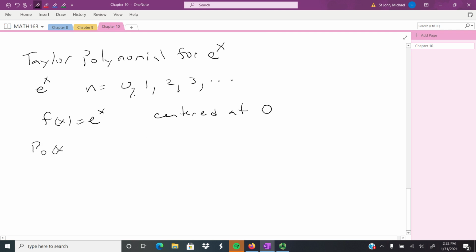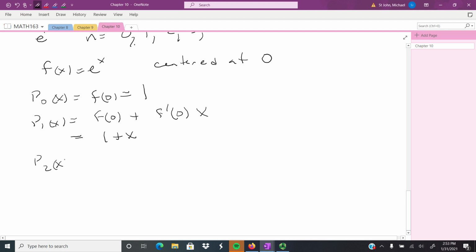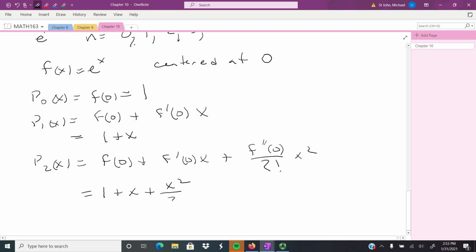So p0 of x is going to equal f of 0, which is going to be 1. p1 of x is going to be f of 0 plus the derivative at 0 times x, which is going to be 1 plus x. p2 of x is going to be f of 0 plus the derivative plus the second derivative at 0 over 2 factorial times x squared, which will be 1 plus x plus x squared over 2.